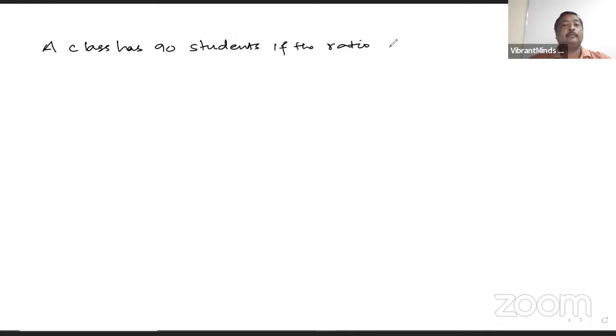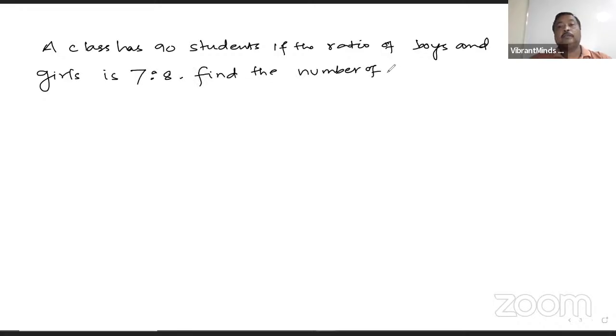If the ratio of boys to girls is 7:8, find the number of boys in the class.